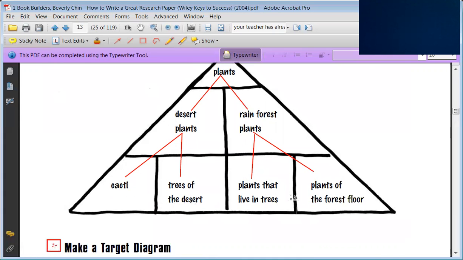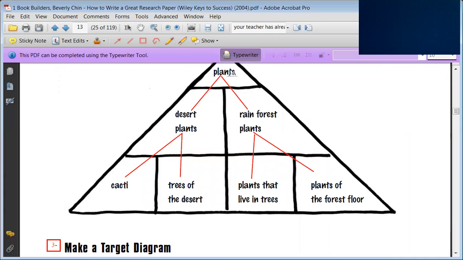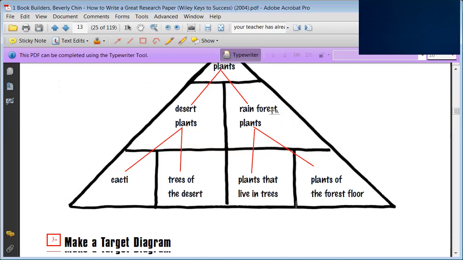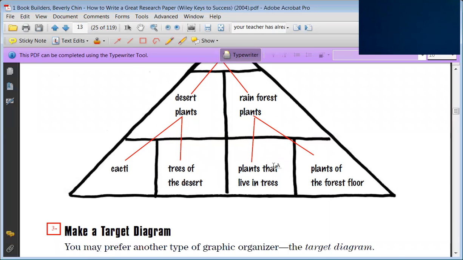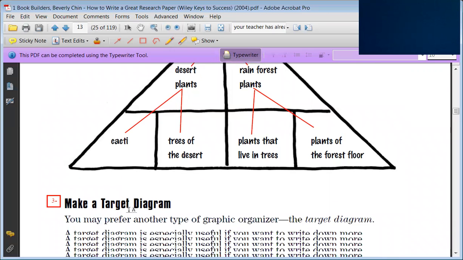So out of these four topics, I can choose one instead of plants. Instead of choosing plants, which is a very broad topic, I can choose plants that live in trees, the plants that live on trees and not on the ground. Okay, so this is the right topic to choose and not the general one. Don't choose the very broad one; choose the one that is suitable to write about. So this is one of the strategies, the pyramid chart.